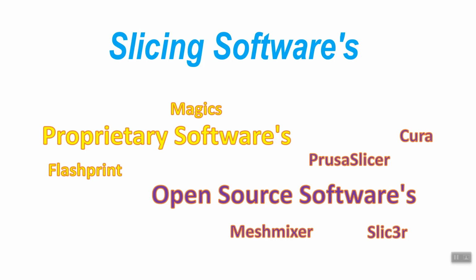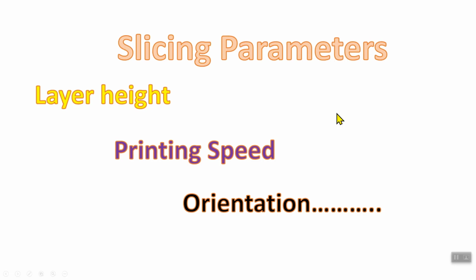The basic function of these two kinds of software is to understand the STL file and give commands to a machine. What kind of commands? We call them slicing parameters, and based on these parameters the machine is going to run.